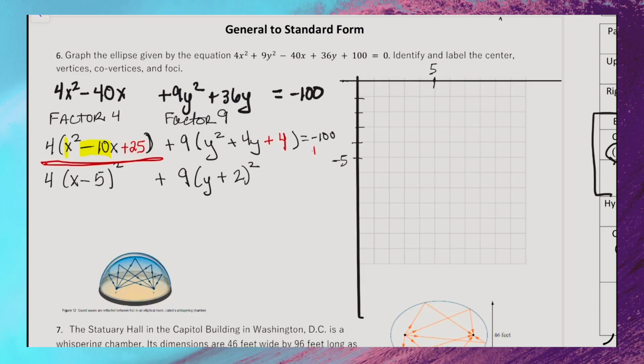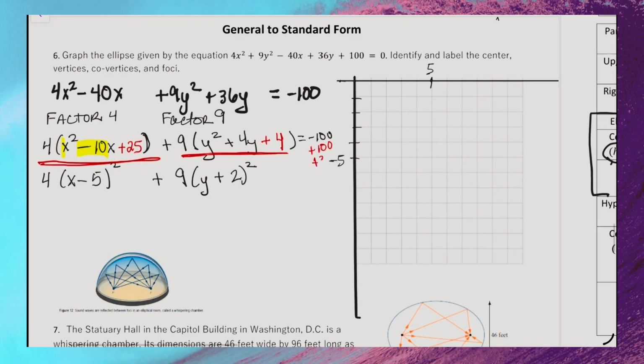So I need to do it to both sides. Okay, now I'm going to go to that plus 4. Yes, I put a plus 4 here, but really, because there's a 9 out front, that is really me adding a 36 to the equation. So on the other side, I need to add the 36 also.